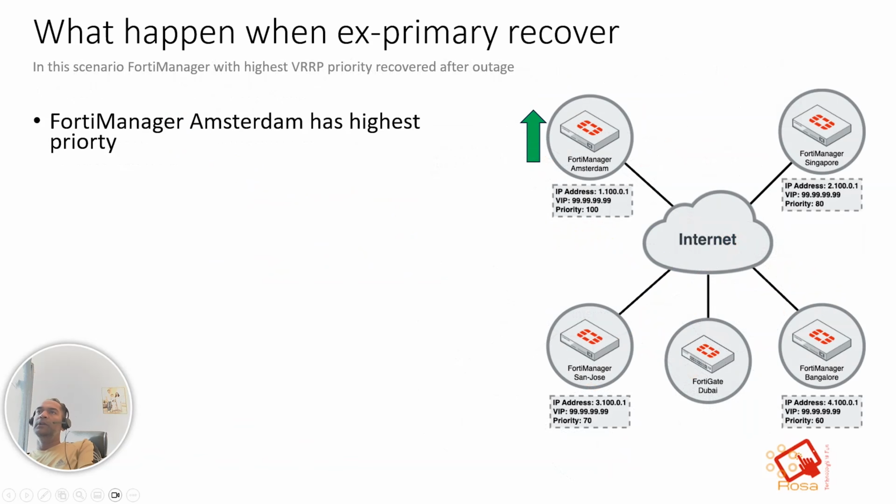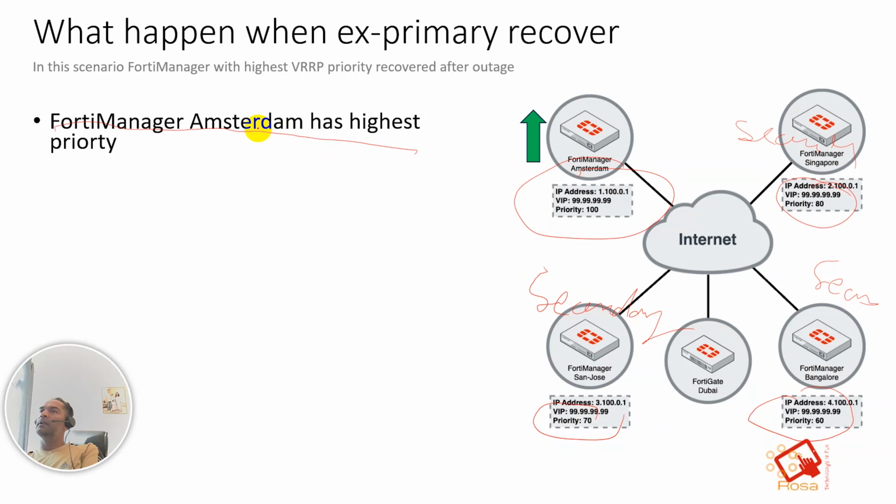Okay, what happens when the primary recovers? FortiManager Amsterdam has the highest priority, 100, and everyone else is lower: 70, 60, 80. So they are all secondary. Now if this goes down, what will happen?